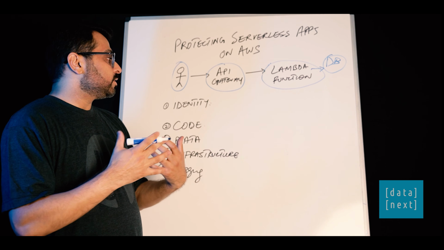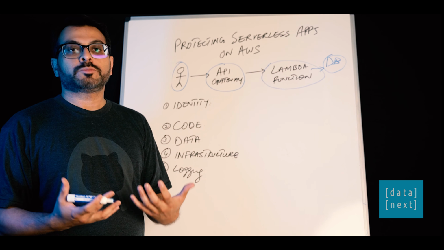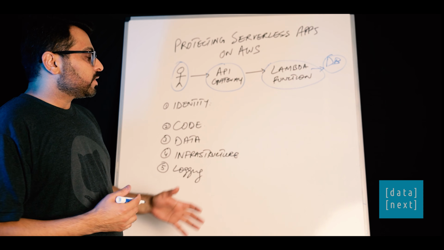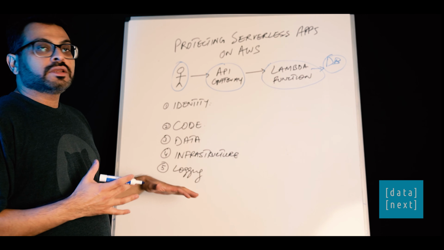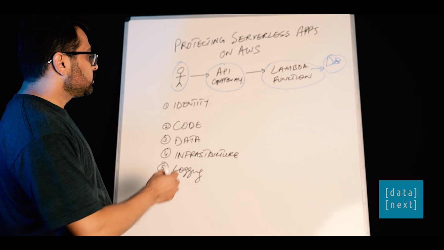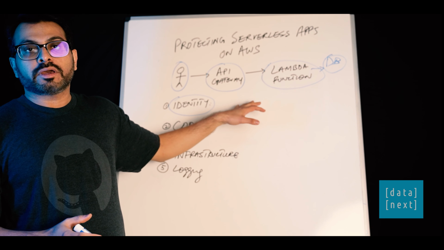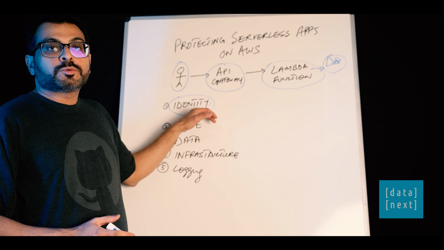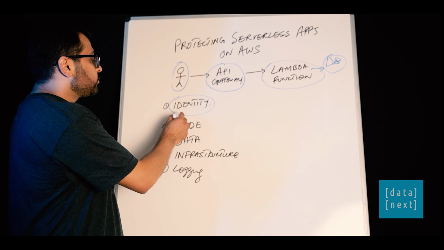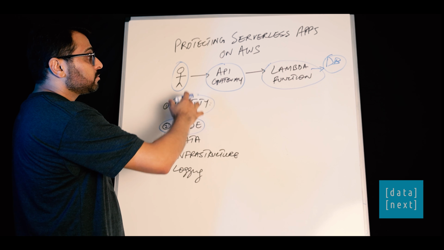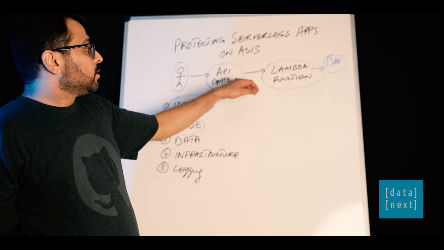Also, getting into what we are actually protecting. In my opinion, we have to protect four key elements and a fifth is additional to it. First, we have to protect the identity. Who is actually calling the API? Then we have to protect the code, like what code is basically running on this API.